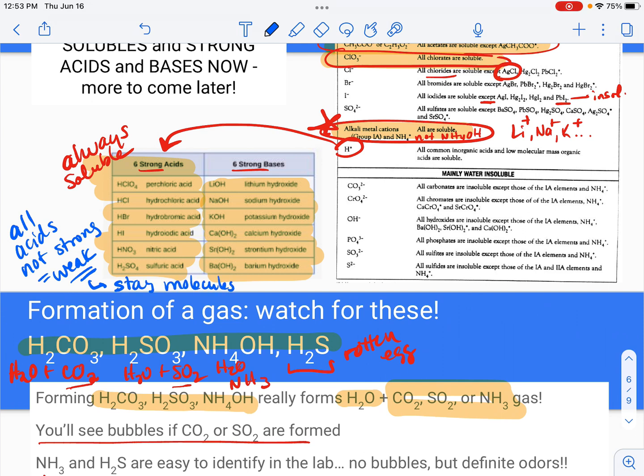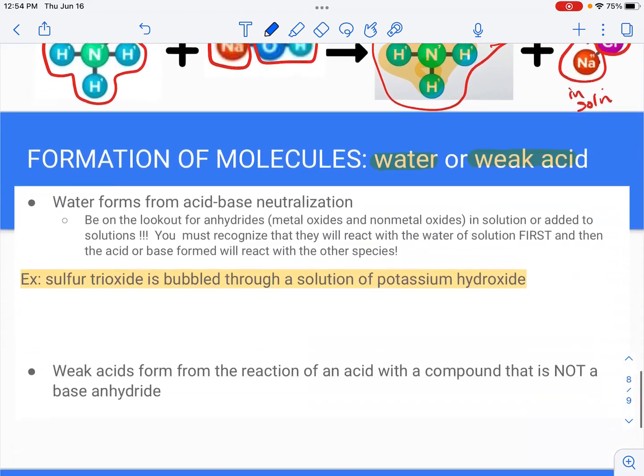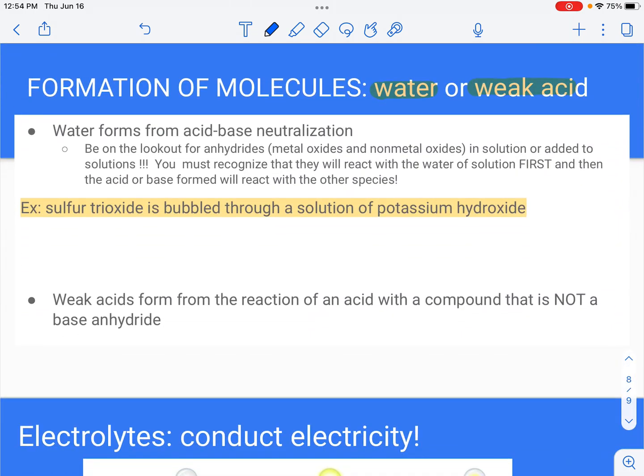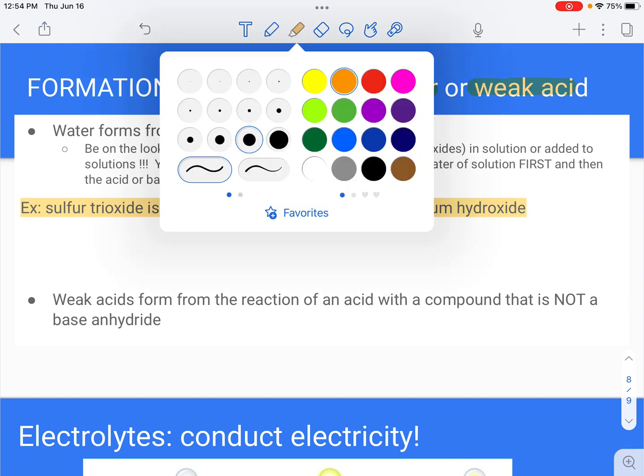Rather than dissolving into ions, they stay as molecules. All right, and so these guys, the strong ones, will dissolve into ions, but the weak ones stay molecules. So the formation of that molecule takes those ions out of solution. And so we're looking for how this works. So we have 2 different ways that this happens.